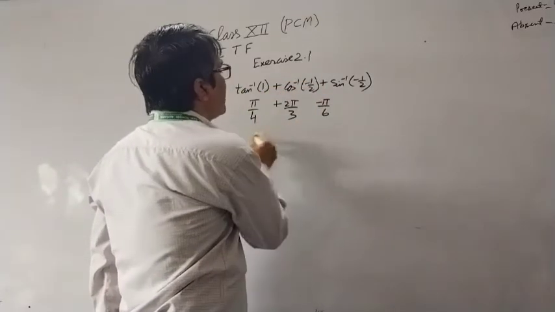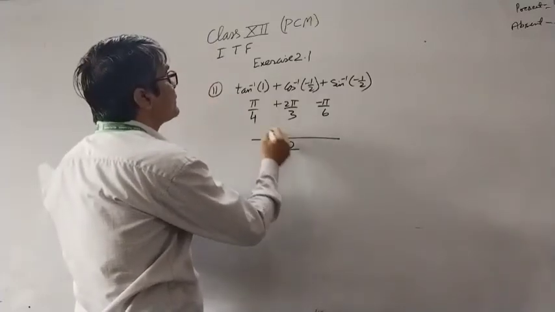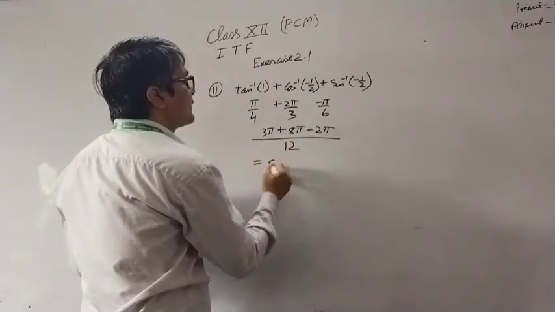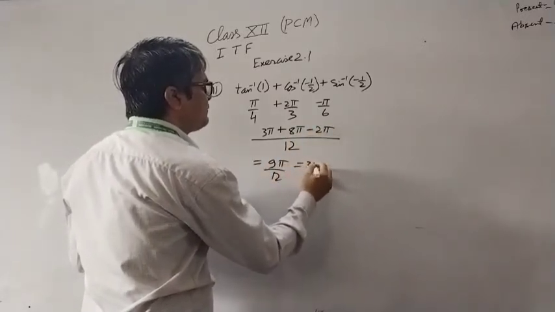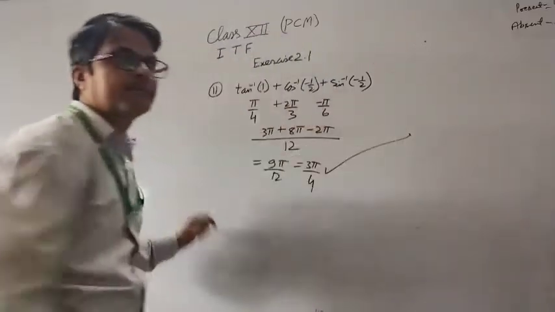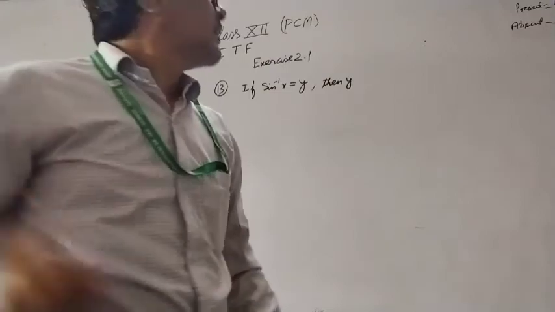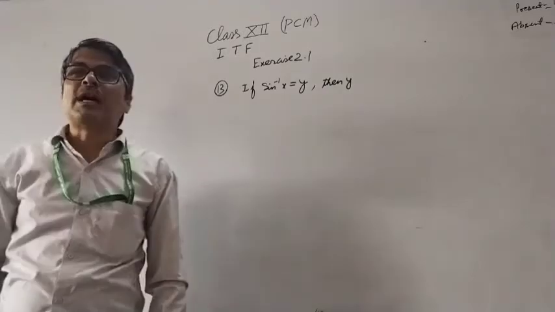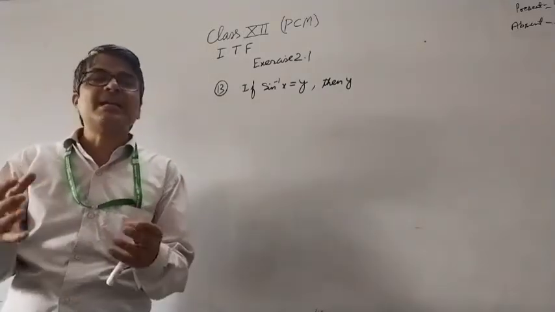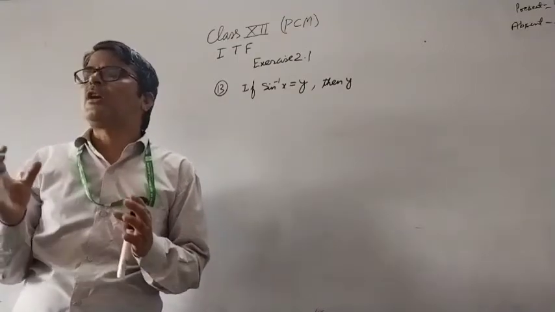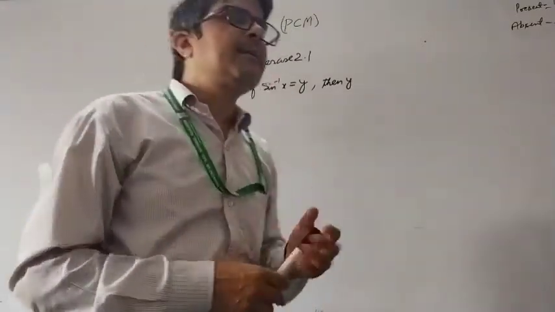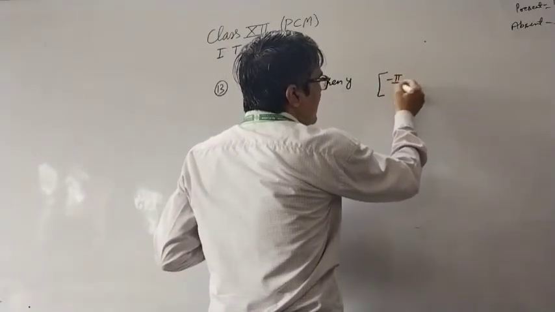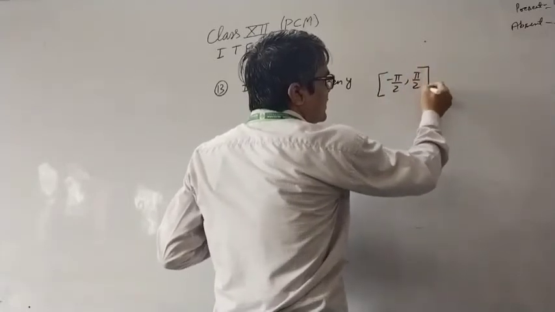Very good. Now it is the turn of MCQ. If sin inverse x is equal to y, then y lies in between. Now you have to just remember that in your book it has been given the range of sin inverse. This is a closed interval.